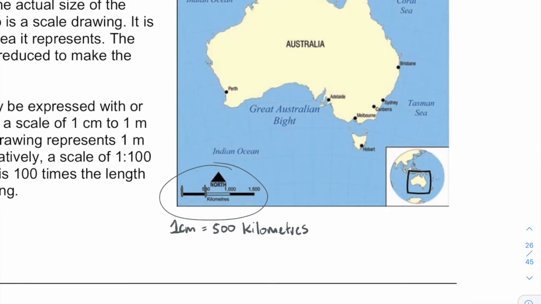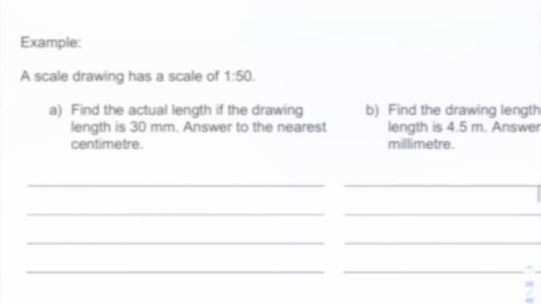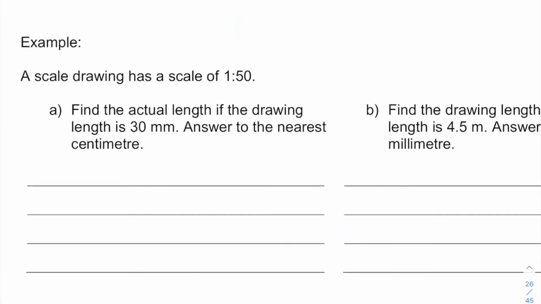So what we're going to do is look at how we work that out either way and get those distances. Here's our example question. We have a scale drawing, and that scale drawing has a scale of 1 to 50.